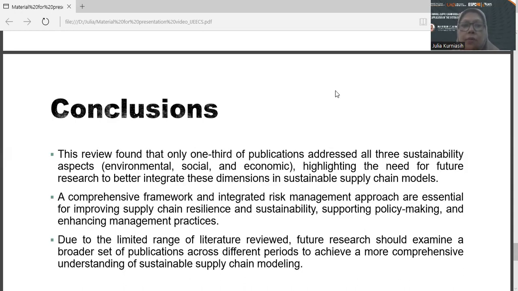A comprehensive framework and integrated risk management approach are essential for improving supply chain resilience and sustainability, supporting policymaking and enhancing management practice. Due to the limited range of literature reviewed, future research should examine a broader set of publications across different periods to achieve a more comprehensive understanding of sustainable supply chain modeling.